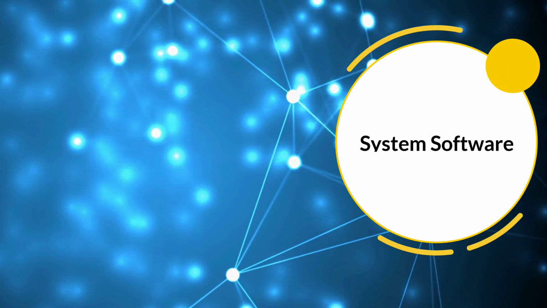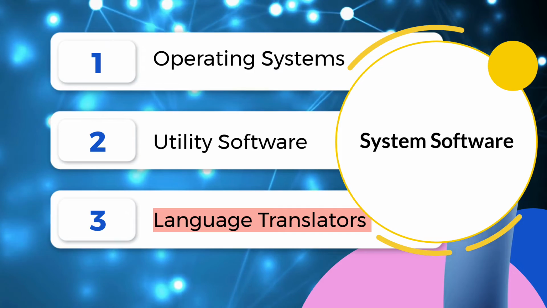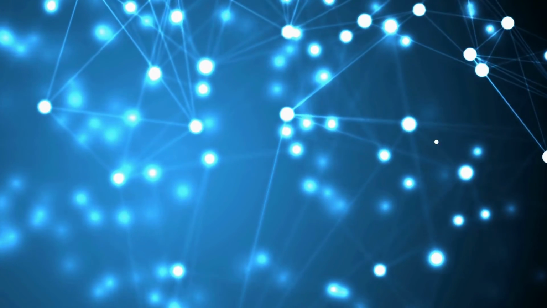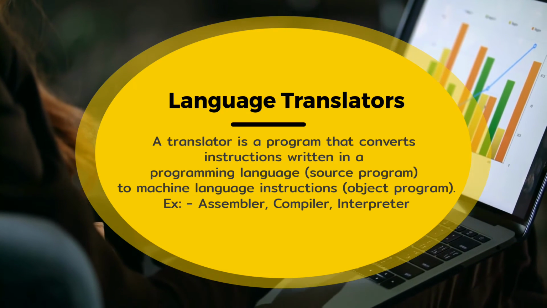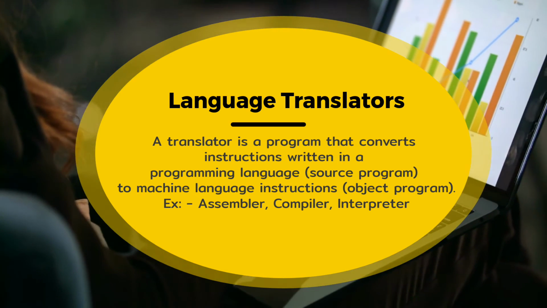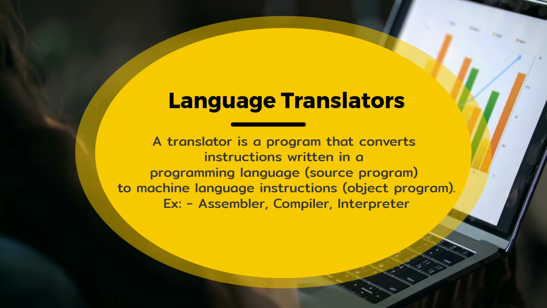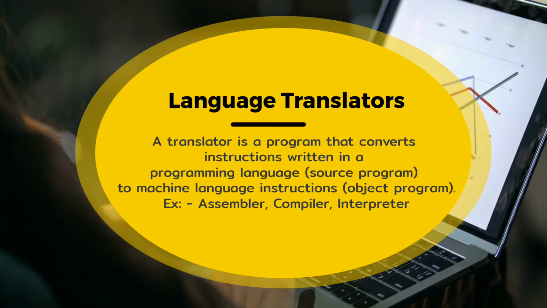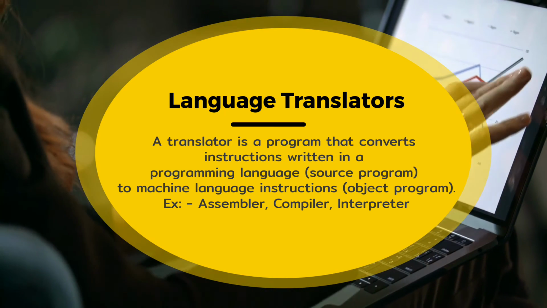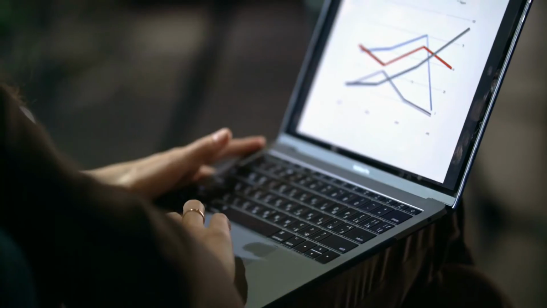The last category of system software is language translators. A translator is a program that converts instructions written in a programming language into machine language instructions. For example, assembler, compiler, and interpreter.